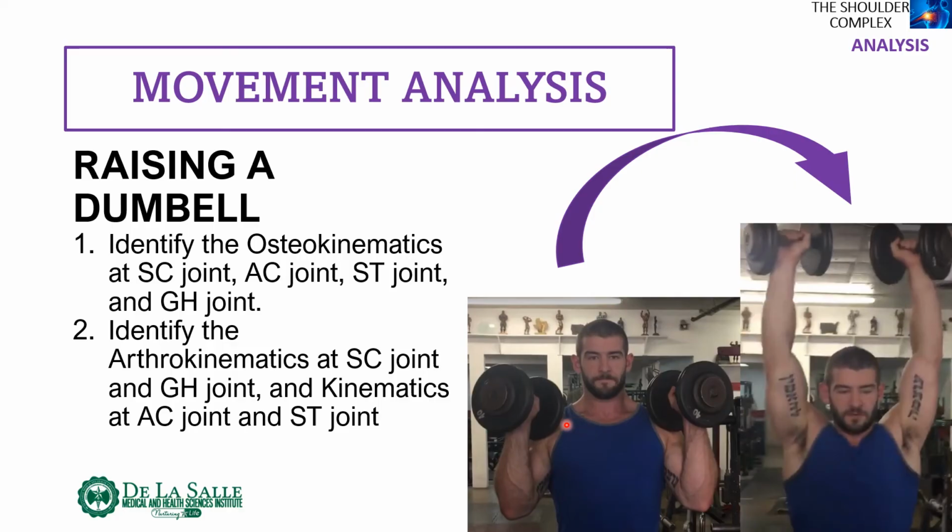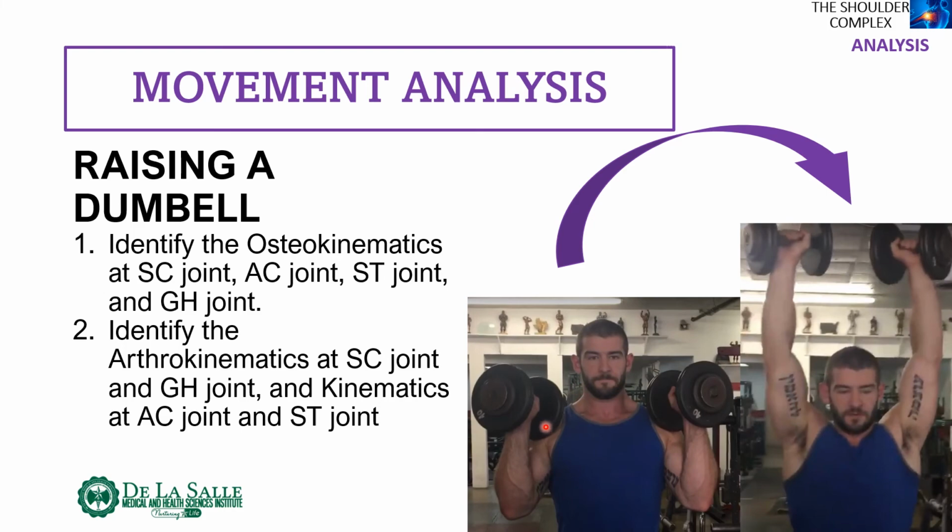For both the AC joint and scapulothoracic joint, there is upward rotation. Okay, for you to perform shoulder elevation, such as shoulder flexion, like this one, there should be upward rotation of the scapula, right? Both in the AC joint and ST joint. Then lastly, for the glenohumeral joint, this is shoulder flexion.